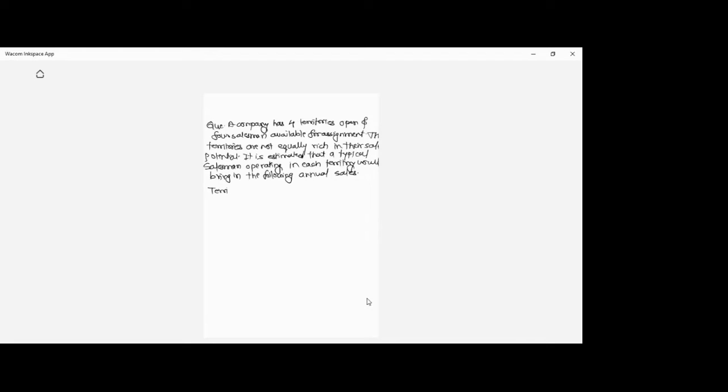So we have a territory and the average annual sale that will be produced by any average salesman has been given to us. So there are 4 territories.